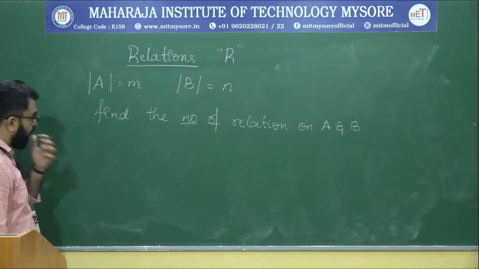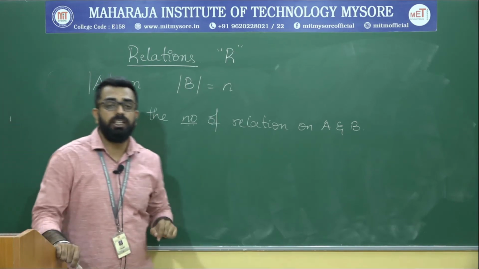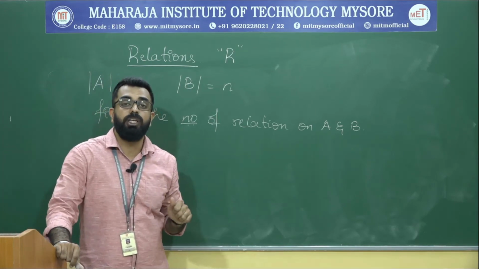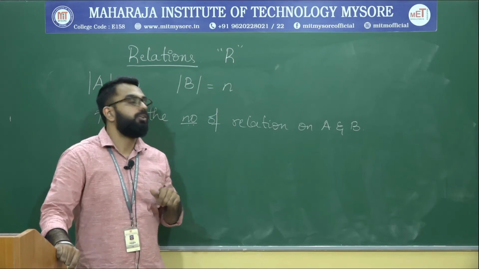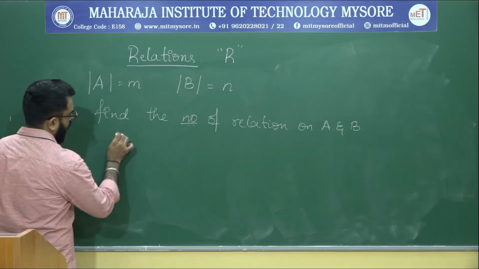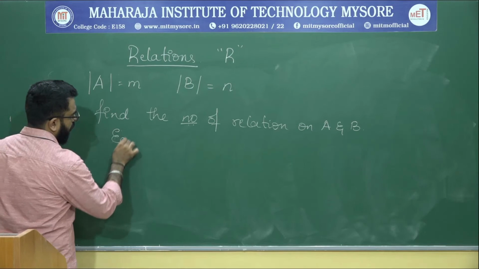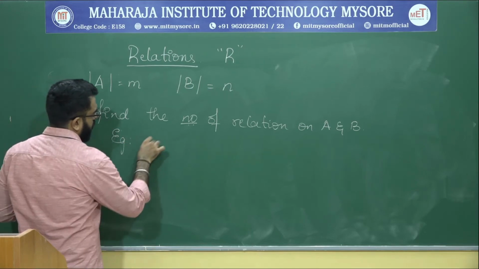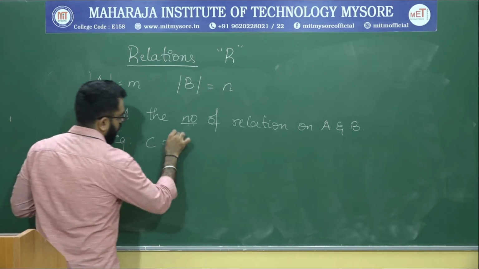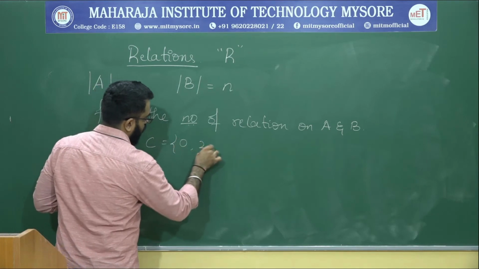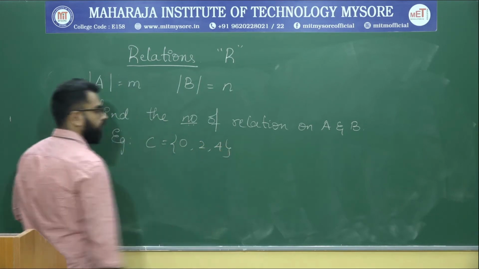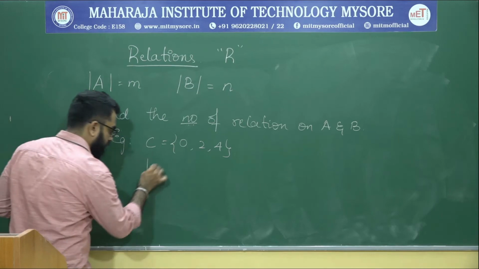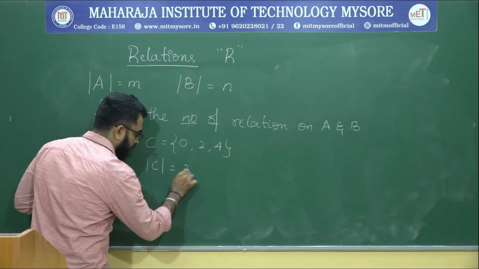In order to do that, please recall the definition of relations. Relation is nothing but a subset of A cross B. For any given set, for example, I will just take some particular set C which has elements 0, 2 and 4. So what is the size of this set C? It is 3.